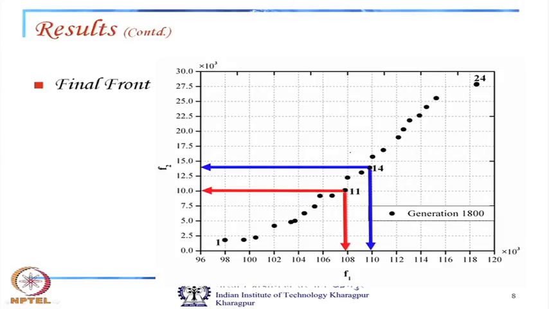One thing is that for point number 11 we have an f1 value which is less than our f1 value for 14, but it has a better value for f2 compared to solution number 14. So, we can see that there is some kind of trade-off between the solutions.